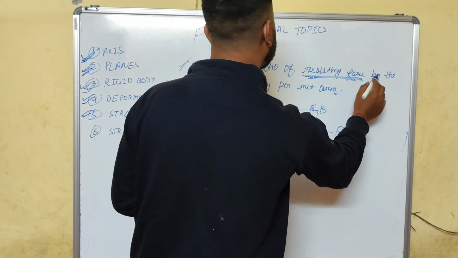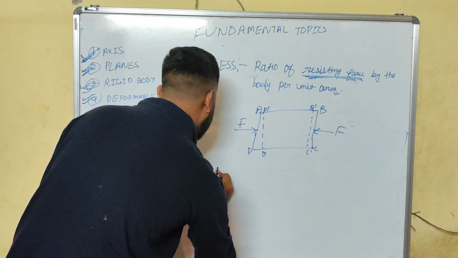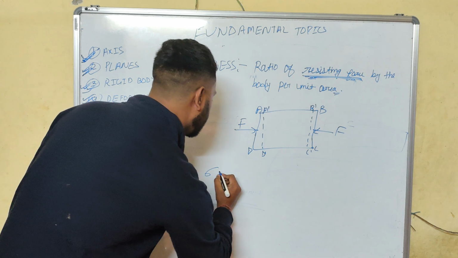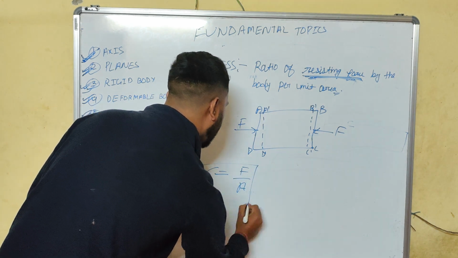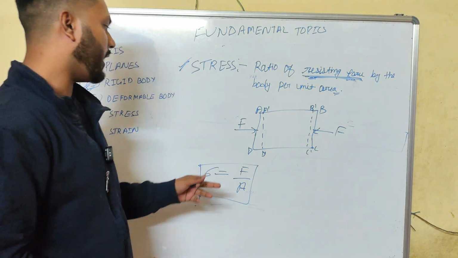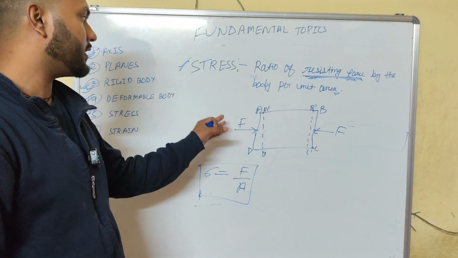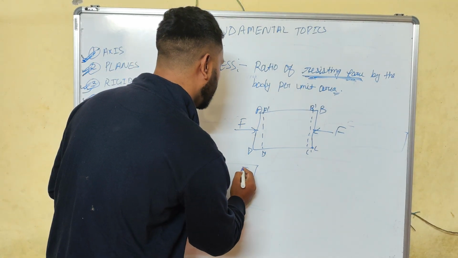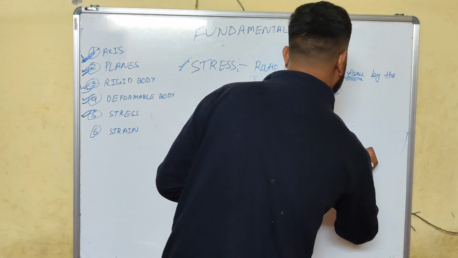This is the resisting force of the body per unit area. Now one thing comes to your mind: I write force per unit area, but whatever force I applied, the same thing I mention in the formula.